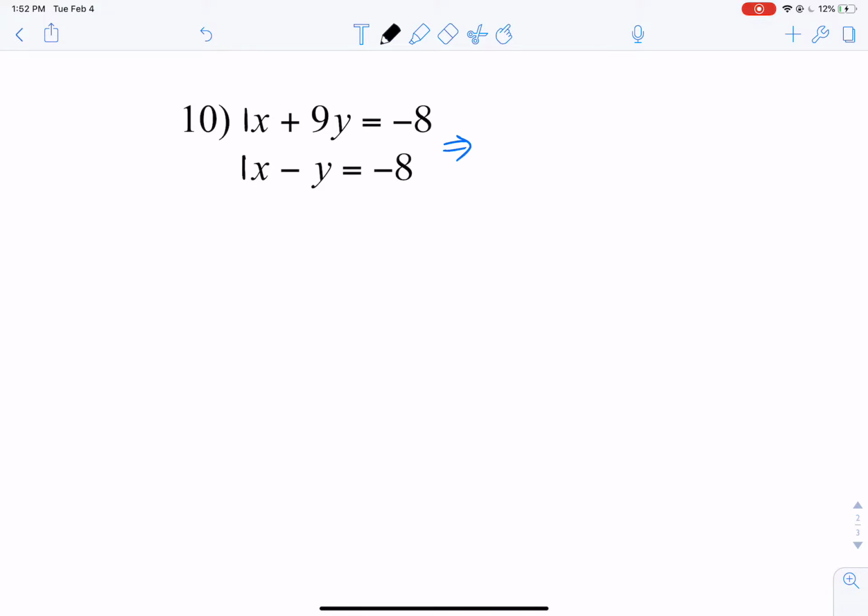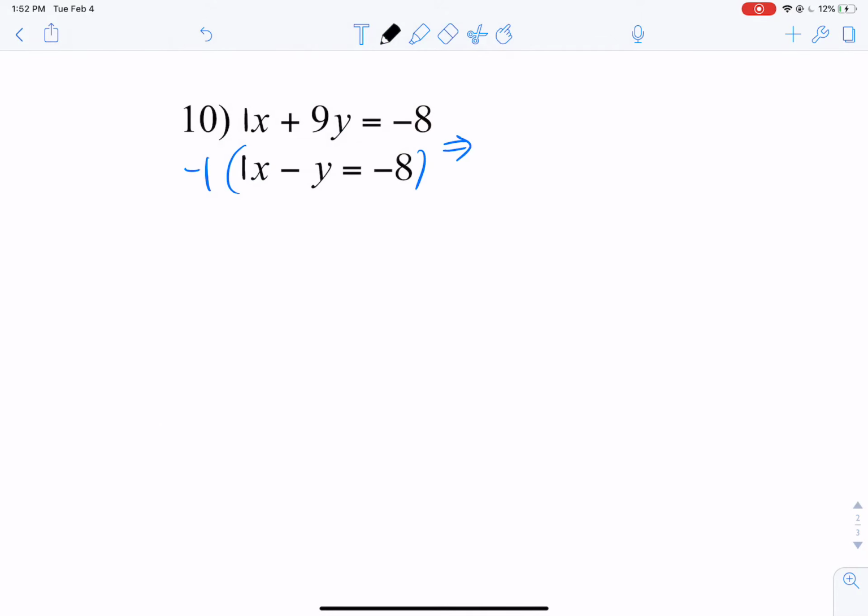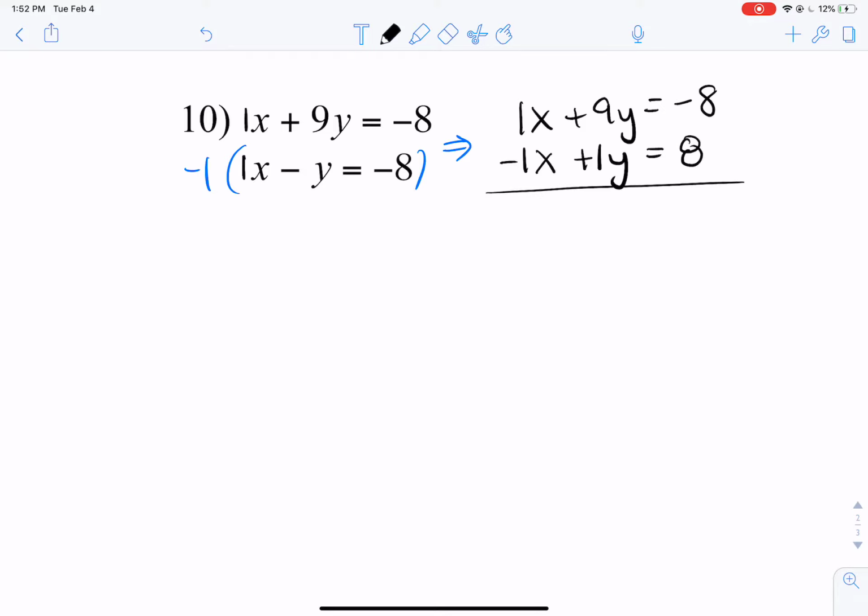So I'm going to multiply the bottom one by negative 1. So let's see what we end up with, okay? The top equation is going to stay the same, and the bottom equation, I'm going to end up with negative 1x, positive 1y, and positive 8.